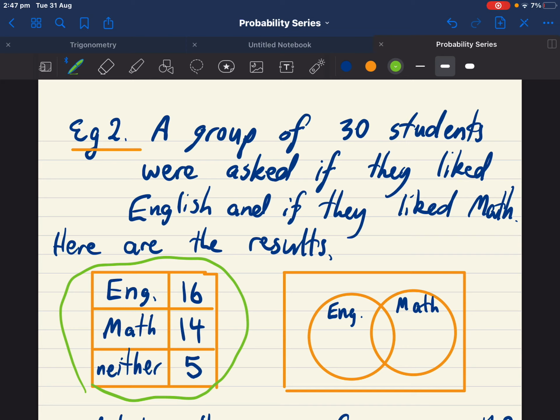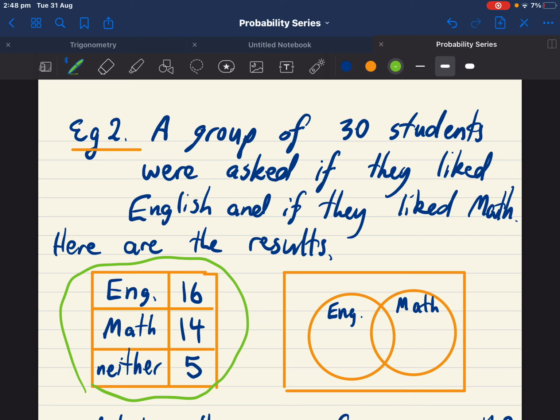That gives you a total of 35. How is that possible? There were only 30 students surveyed. How can you get a total of 35? You only surveyed 30 people. And of course, a lot of you already understand because of what we've been talking about. There may have been some students that liked both, which is why we've ended up with 35 in total.